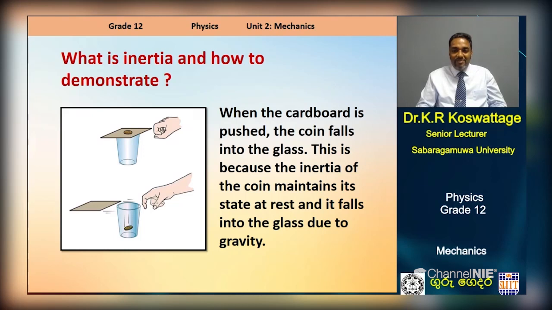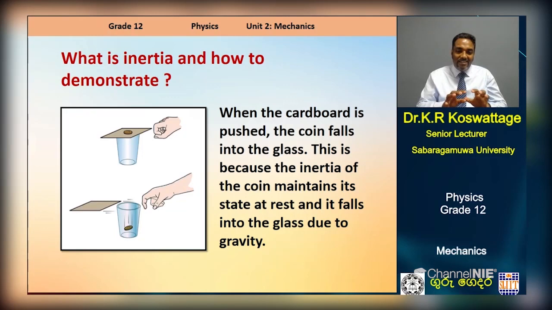Then when the cardboard is pushed, the coin falls into the glass. This is because the inertia of the coin maintains its state at rest, and the coin falls into the glass due to gravity.